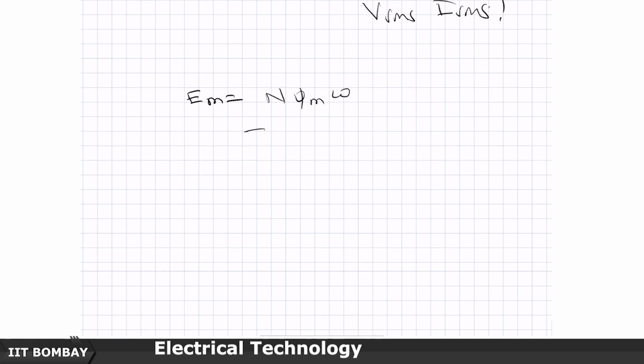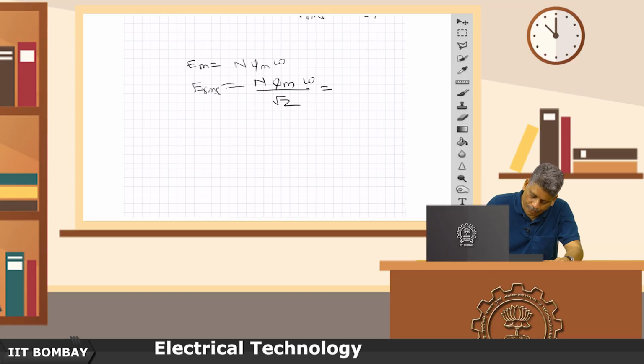If you look at the RMS value of the voltage, the nameplate ratings always specify RMS values. So, this is going to be n phi m omega by root 2, which is 2 pi by root 2 into n phi m f, which is 4.44 n phi m f.